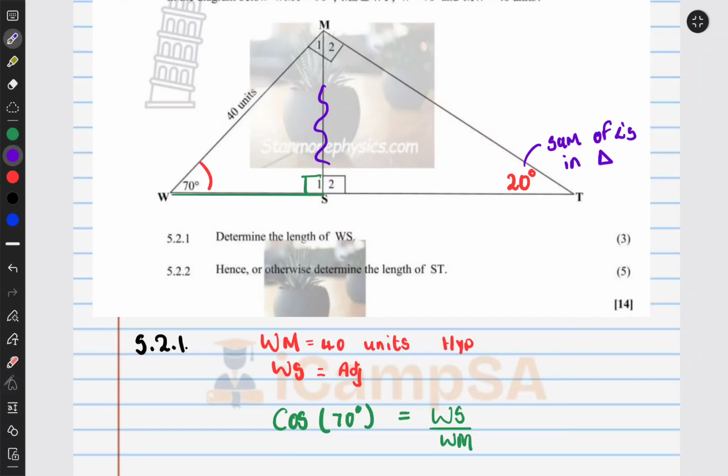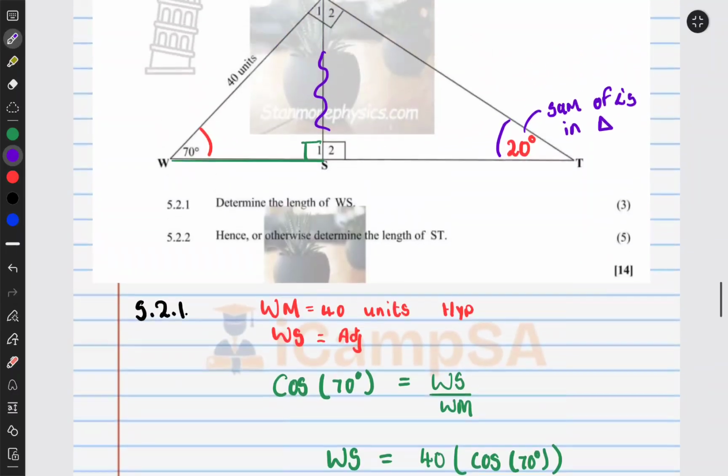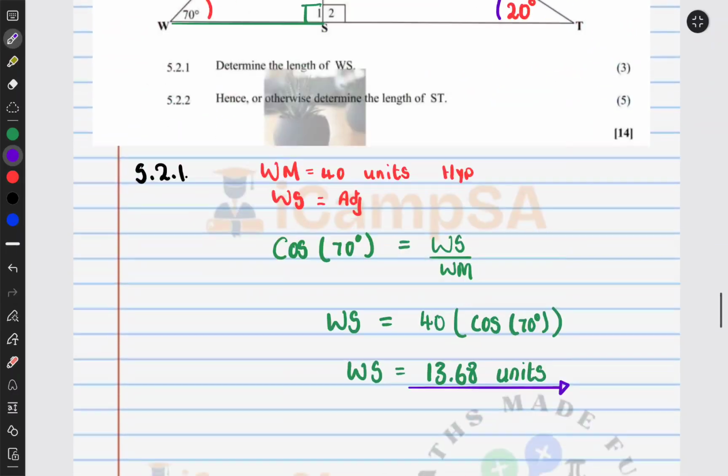Since we have 40 units, we can use the sine to calculate SM, and then once we have that side and the angle of 20 degrees that we calculated, we can solve for ST. But first things first, let's calculate the side SM.